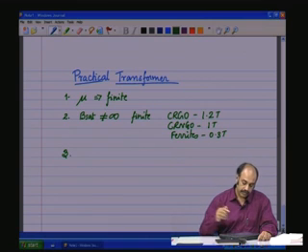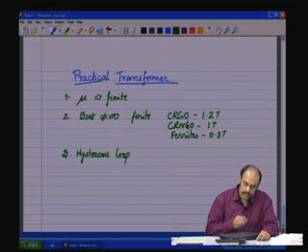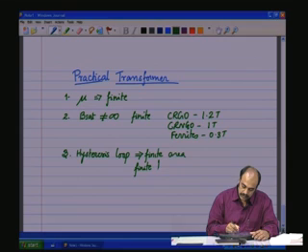Then the third point, there is a hysteresis loop. The hysteresis loop is not 0 or non-existent, there is a finite area, which means there is a finite hysteresis loss.